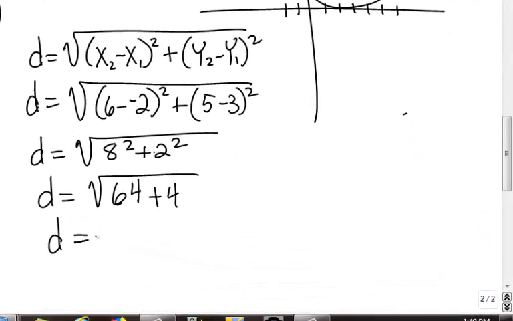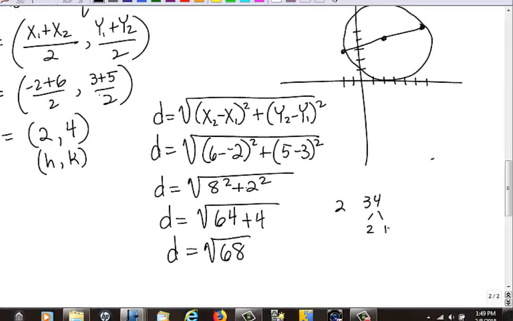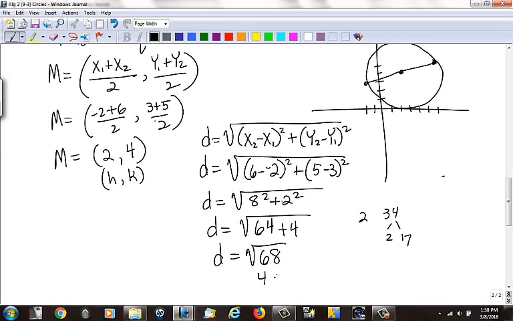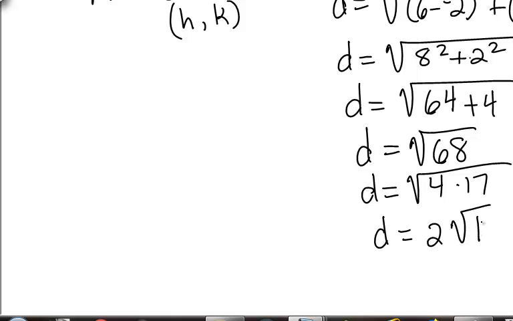Okay, so the diameter is square root of 68. Can we simplify anything out of there? 2 and 34, 2 and 7. So we could go 4 and 17? And out of that you could take out a 2 radical 17.